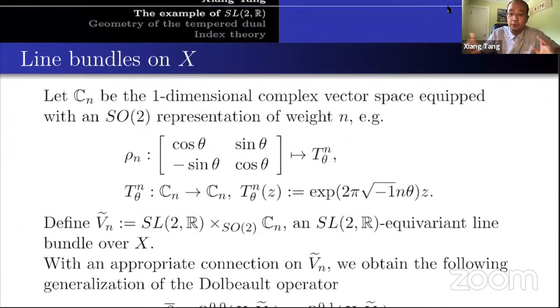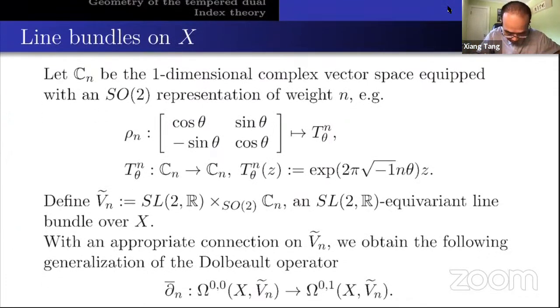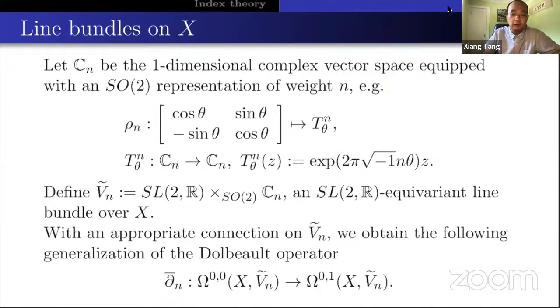With the proper choice of a connection, we can define the following operator, an extension of the Tbar operator. Here I had an index n to refer to this choice of the weight of the SO(2) representation.